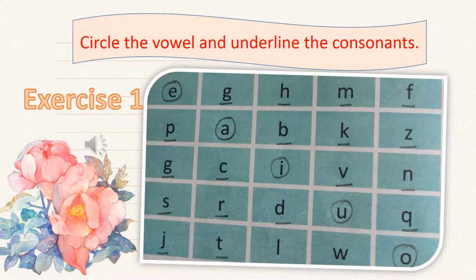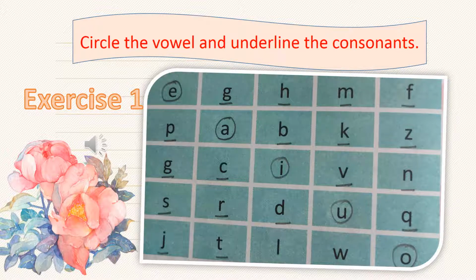Now what are vowels? The 5 letters A, E, I, O and U. In the English language there are 5 vowels, and all the remaining 21 alphabets are consonants. So in this exercise we have to circle the vowels and underline the consonants.